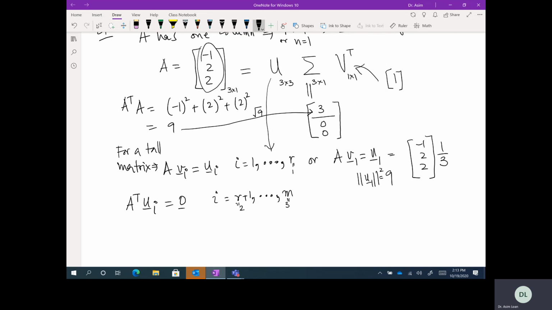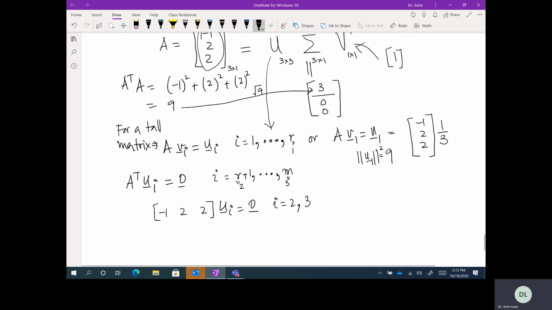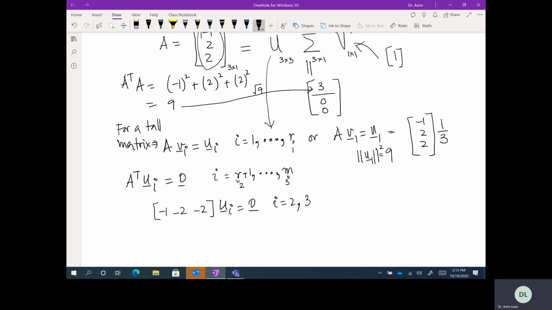This r, by the way, is 1, so we only have one vector. So we need to find A transpose, which is minus 1, 2, 2, times the vector Ui equals 0 for i equals 2 and 3. This I can write as x minus 2y minus 2z equals 0.